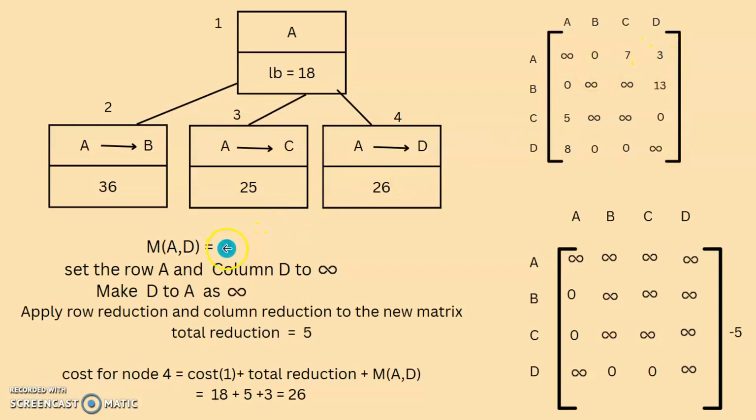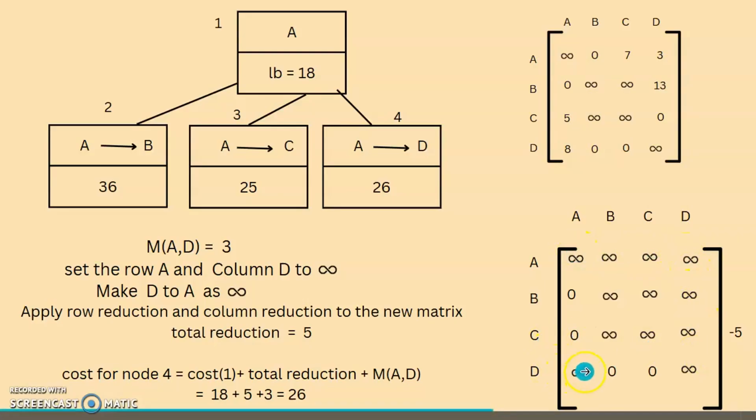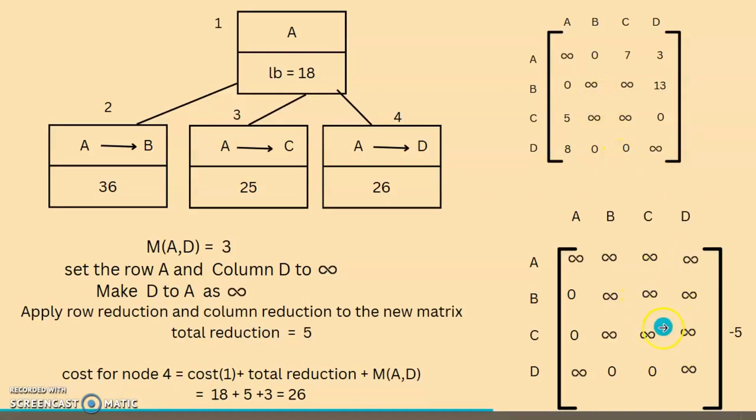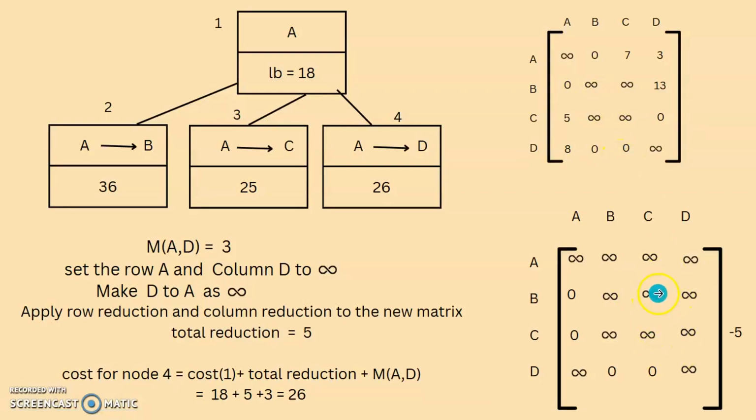You copy the value here. And in this matrix, set the row A and column D as infinity. That is what done here. And make D to A as infinity. So other elements you copy it from this matrix. So this is the new matrix, we got it after making these changes.